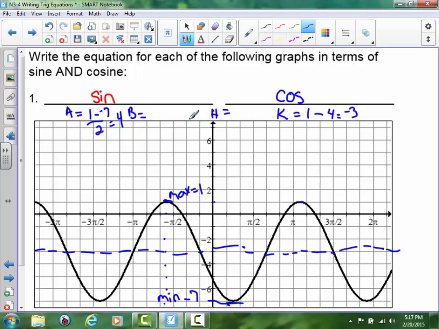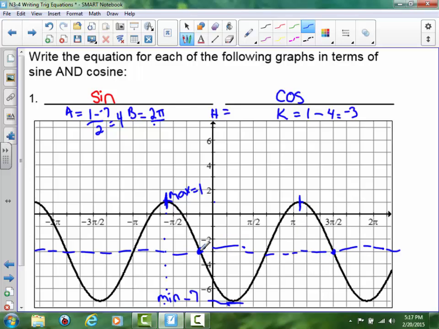Okay, b is 2 pi divided by p. So I've got to find out what p is. All right, so we usually count that. We start at a starting point for cosine and an ending point for cosine, or we could start at a beginning point for sine and go to an ending point of sine, which would be here.